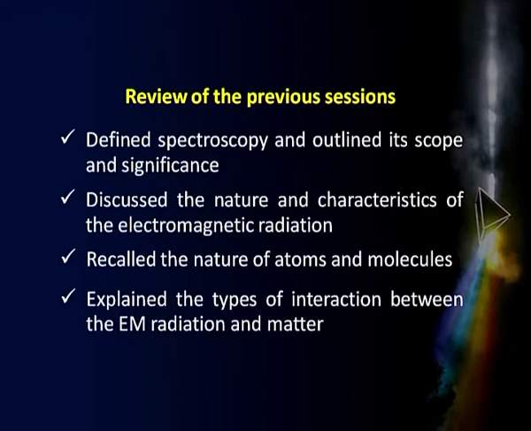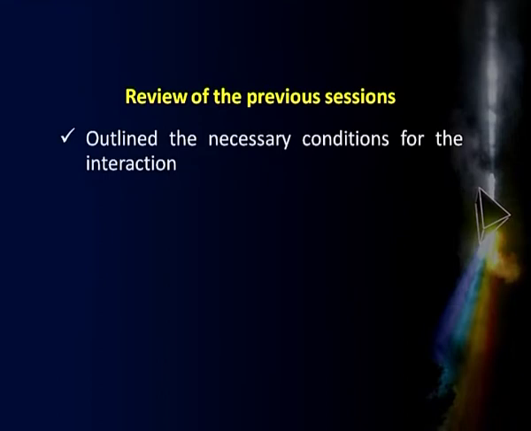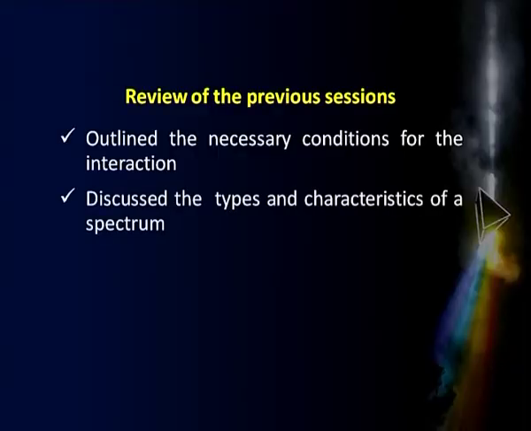That is basically what spectroscopy is all about. This was followed by outlining the necessary conditions for the interaction between radiation and matter to take place, that means, the prerequisites involved. And thereafter, we discussed the types and characteristics of a spectrum, that is absorption spectrum, emission spectrum and things like that, and then the characteristics like position, width and intensity.